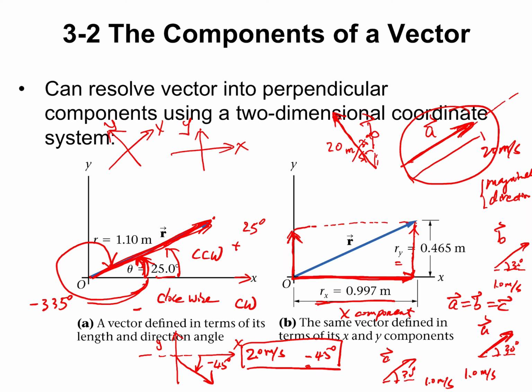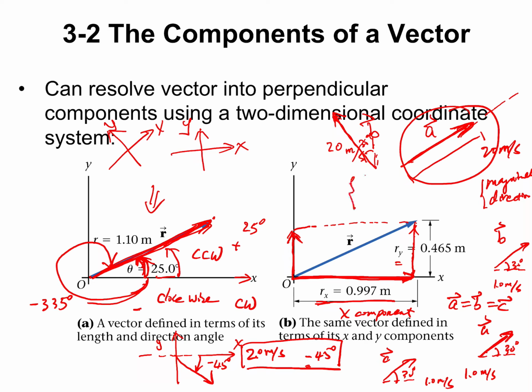So basically, we can use two methods to describe a vector: either magnitude and direction, or components. We can tell a vector by using its components.